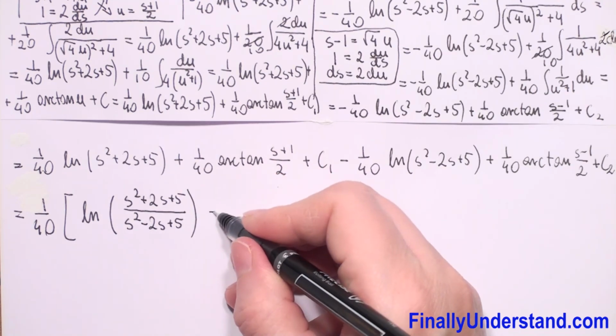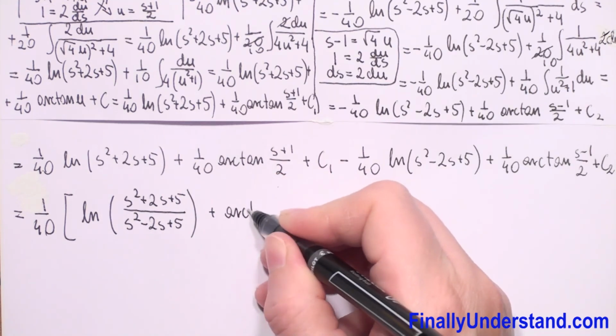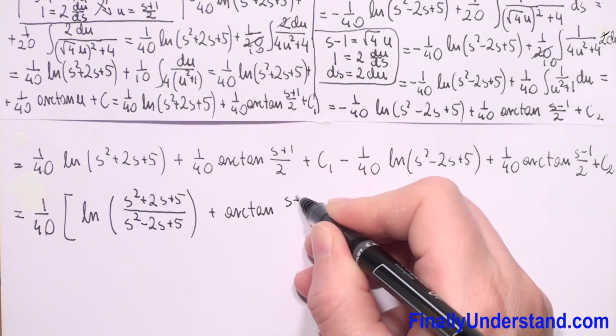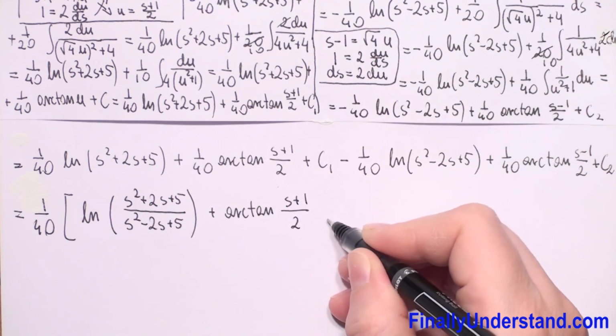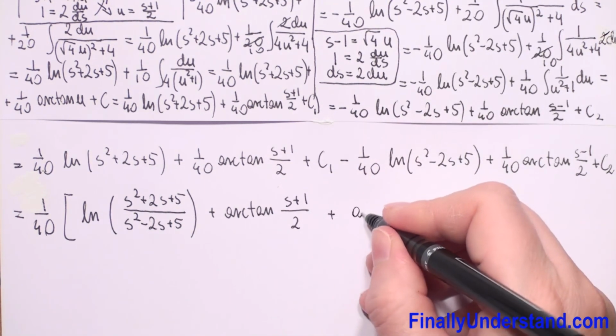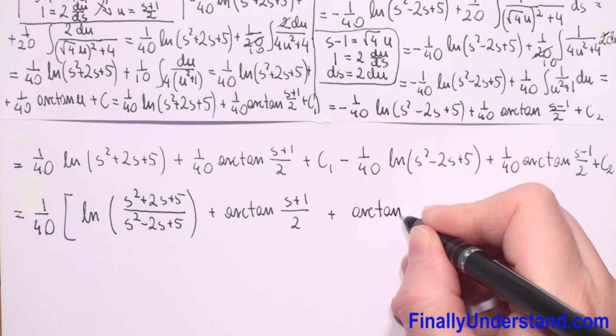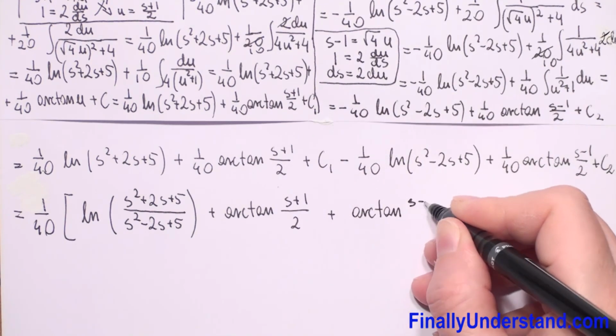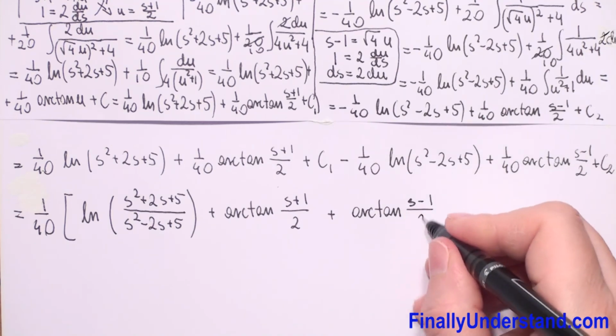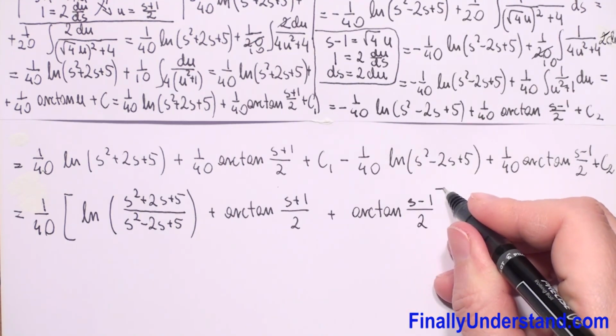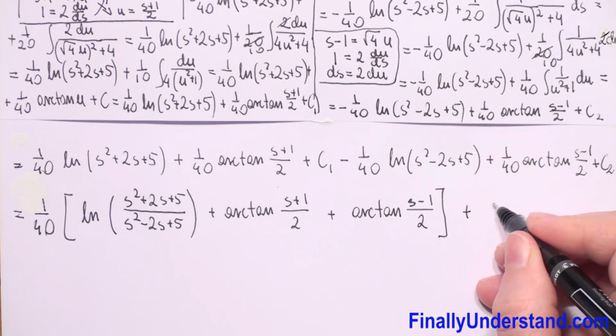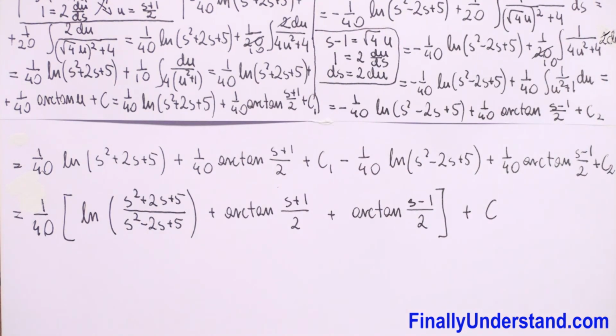And next we have plus arctangent of (s plus 1) over 2 plus arctangent of (s minus 1) over 2, close brackets, and we can add constant c. This is my solution.